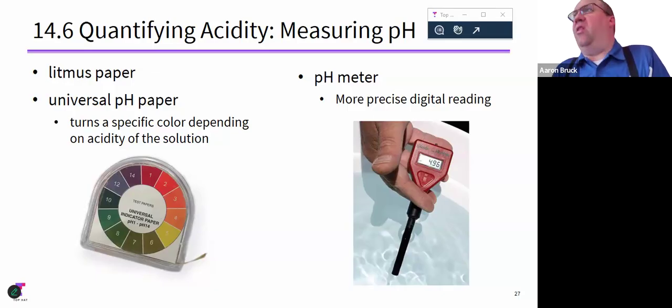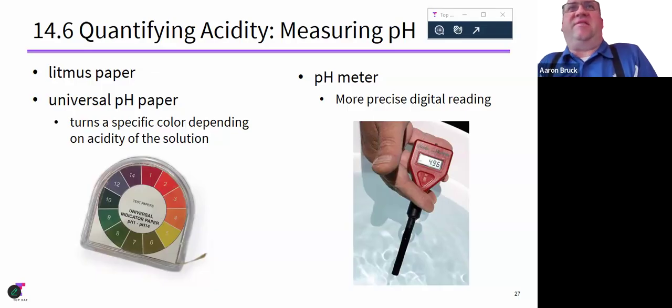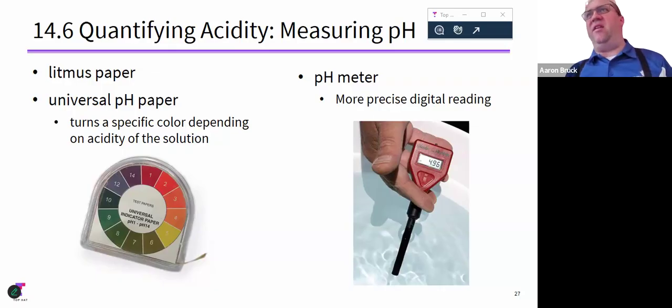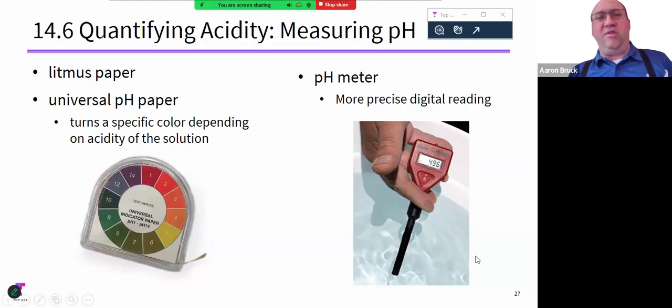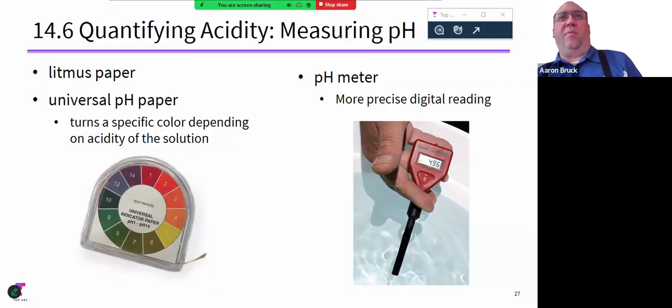Litmus is a great qualitative test of acidity. It basically gives you, is this acidic or is this basic. It doesn't really give you any kind of information like this is pH 2 or this is pH 5 or this is pH 12. pH meters are by far the more precise and accurate way to measure pH, and when times are appropriate, they are exactly what we would use in the laboratory as well.